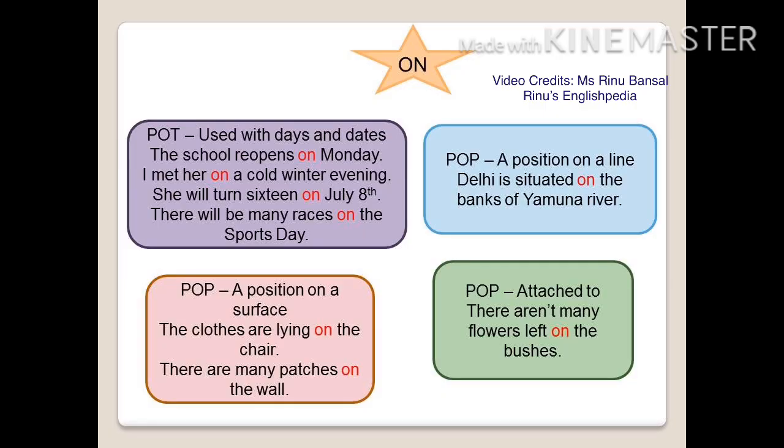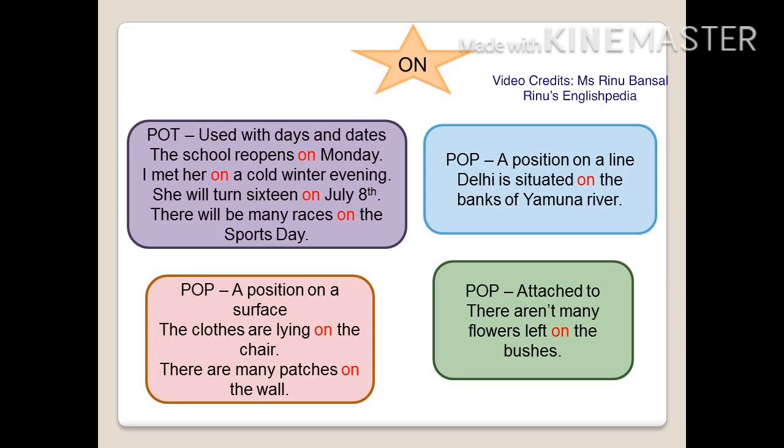As a preposition of place, on is also used to point out a position on a line. For example, Delhi is situated on the banks of Yamuna river. As a preposition of place, it can also be used to point out a position on a surface.